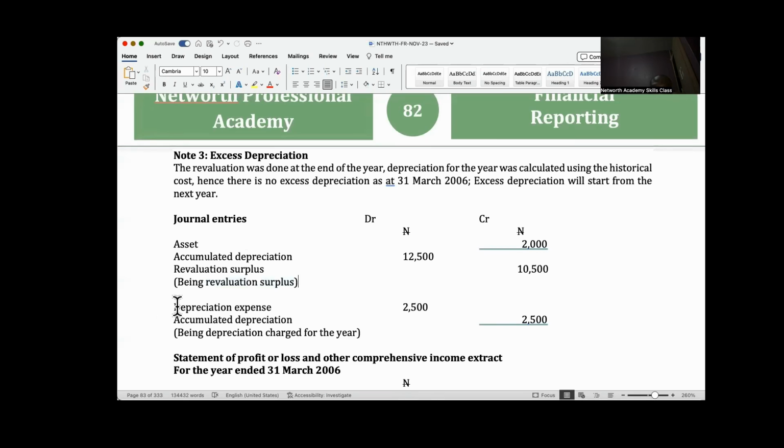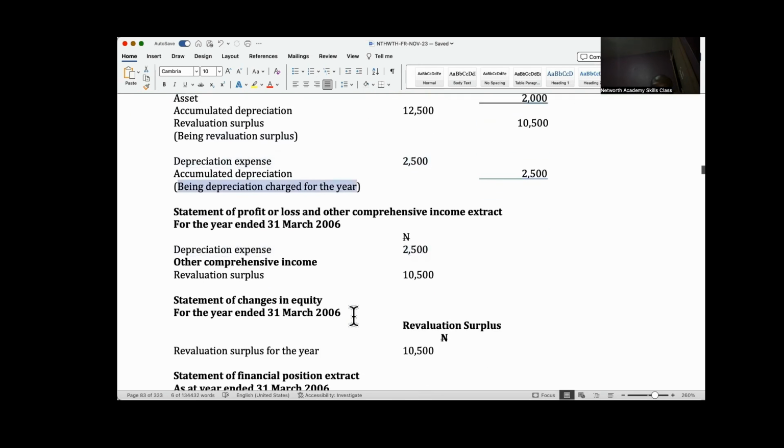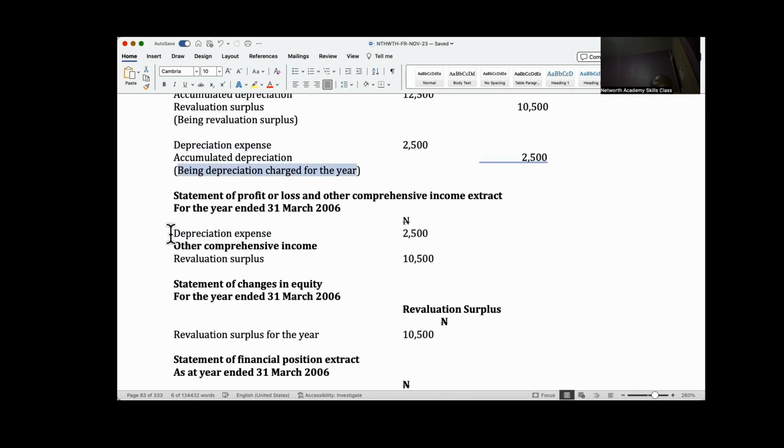Then for my depreciation for the year, I simply debit depreciation and credit accumulated depreciation, just to show the depreciation charged for that year. In my profit or loss, my depreciation expense is 2,500. I had a revaluation surplus of 10,500. In my statement of changes in equity, I simply have only the revaluation surplus for the year, which is 10,500.